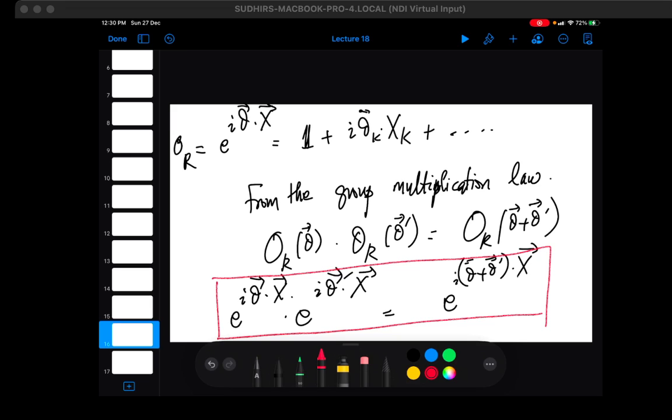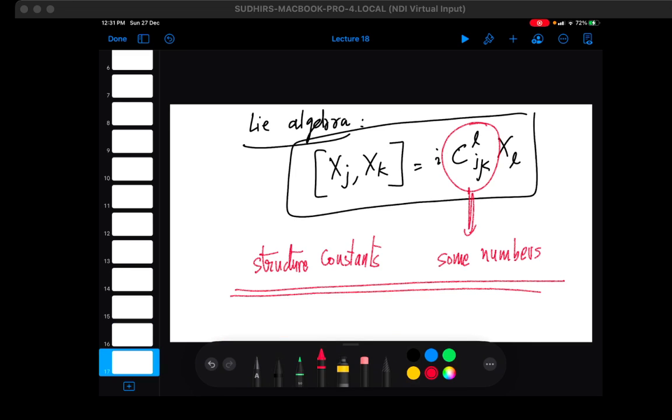If you equate the powers of theta on both sides, you will end up with conditions on the generators of the group, and these conditions are essentially expressed in terms of commutation relations, and these commutation relations are called the Lie algebra.